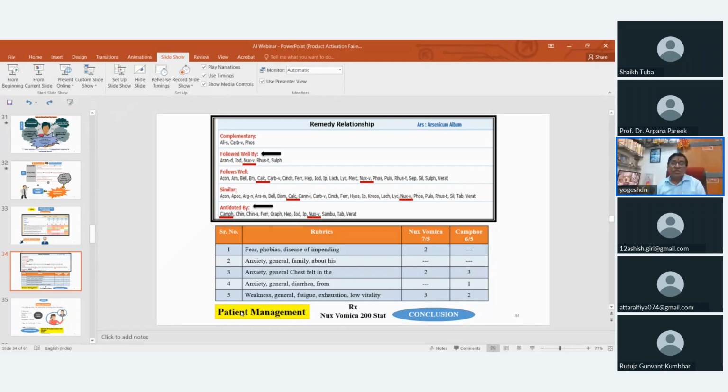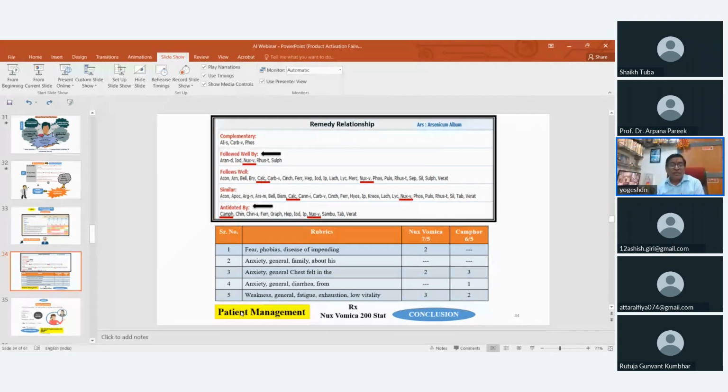So the relationship that Arsalb, arsenic, is holding with our universal antidote, Nux Vomica, that we see in such cases where we intend to prescribe an antidote. So Nux Vomica and Calcarea were both studied in relationship with Arsal.